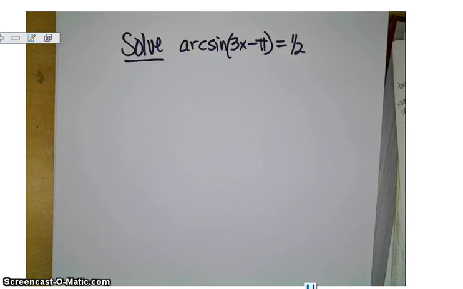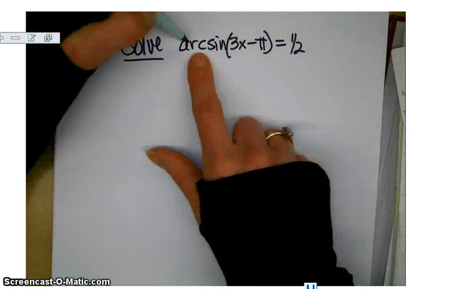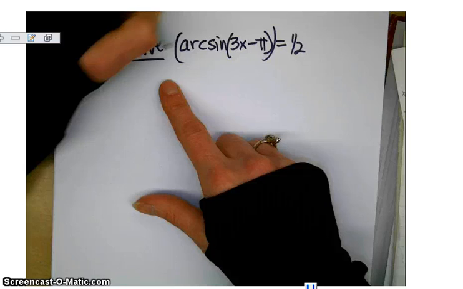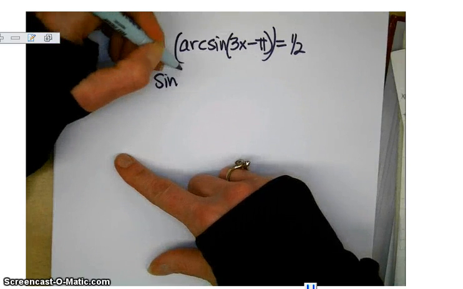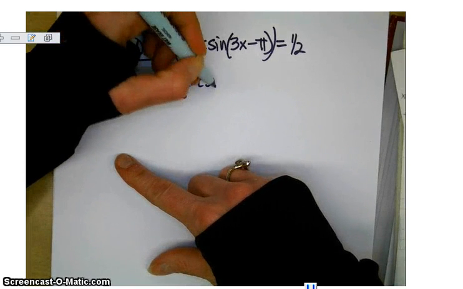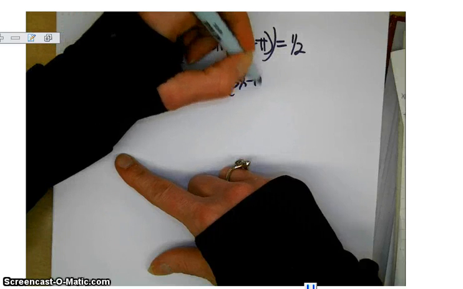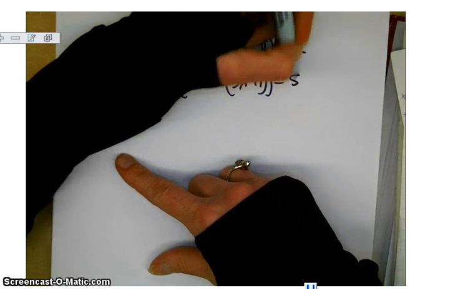So what are we trying to get by itself then? The x. So I just use inverse operations. Very good. I want to get rid of the arcsine, I take the sine of both sides. So I'm going to take the sine of the arcsine of 3x minus pi equals the sine of 1/2.